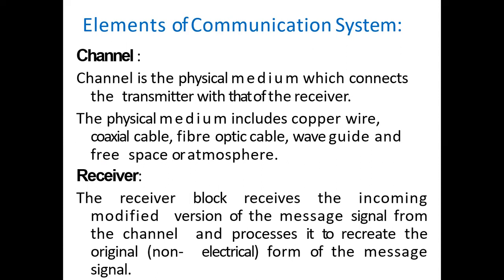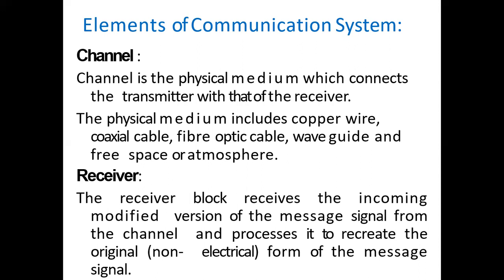There are two types of media, wired and wireless. If we go for a wired channel, you may use any one of the wires. If it is wireless, we go for other types of communication like satellite communications. So simply, a channel is a medium which connects our transmitter and receiver so that we can transmit our information.